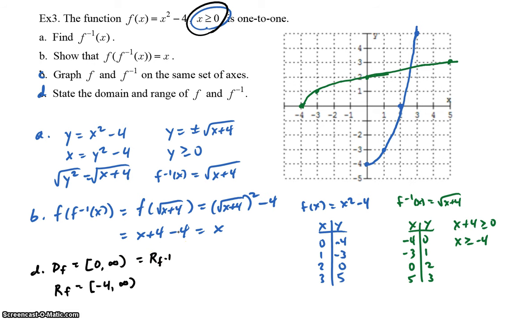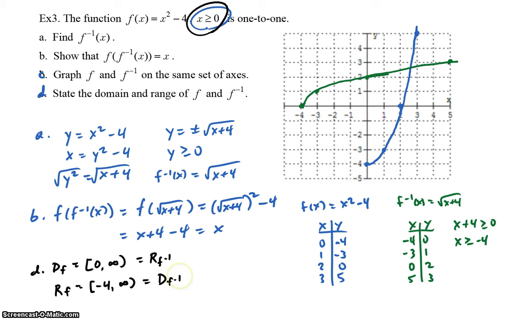It turns out that the domain of f is identical to the range of f inverse. If you look at the graph of f inverse, the range, the set of possible y values, is y greater than or equal to 0. That is bracket 0 to infinity. So what we can say about the x's for f is what we can say about the y's for f inverse. And the range of f is identical to the domain of f inverse.